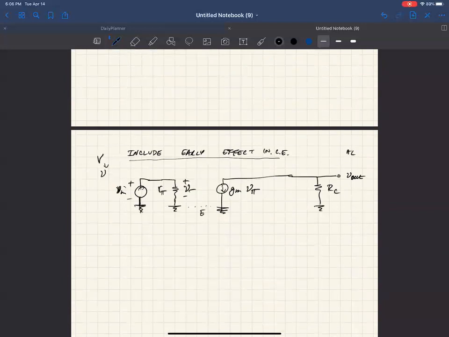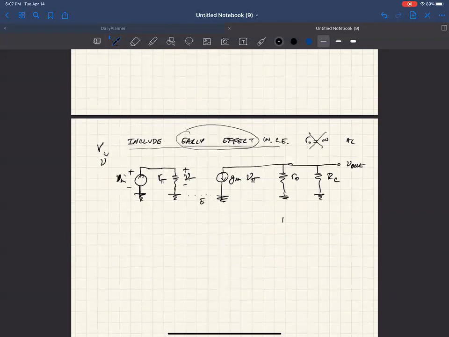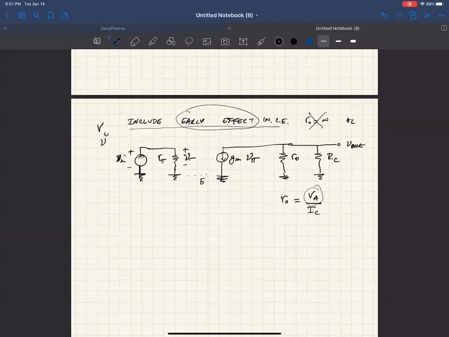Now if we add the early voltage back in, we said initially that R0 is equal to infinity. Let's say we don't say that, and we add it back in, it'll show up here. Remember that R0 was the early voltage over the collector current, something specific to your bipolar transistor.